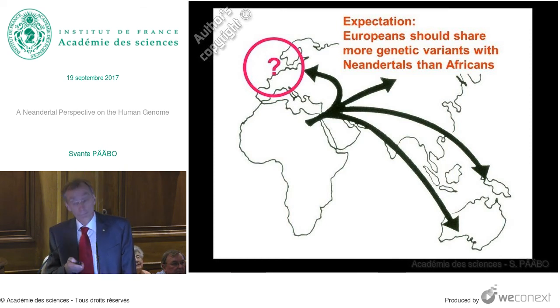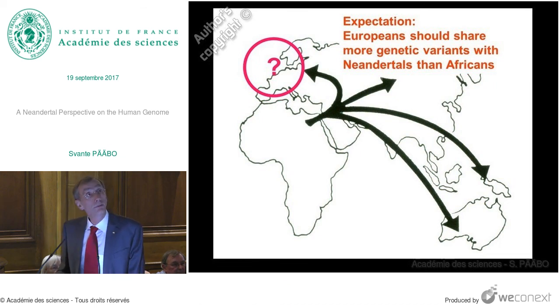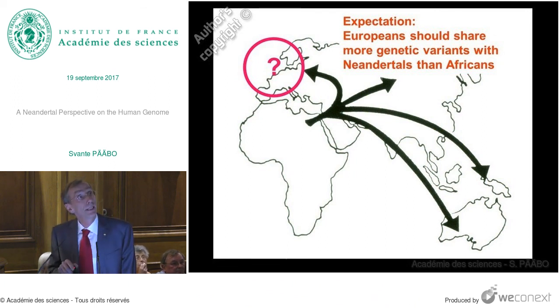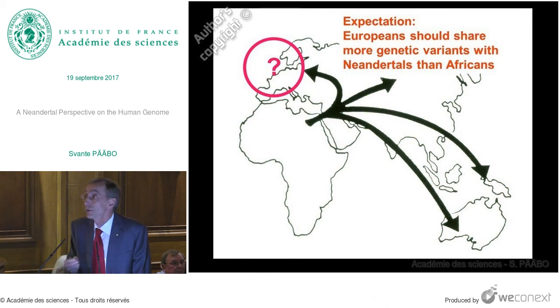If modern humans mixed when they met Neanderthals, say in Europe, a consequence would obviously be that Europeans today should share more genetic variants, more alleles, with Neanderthals than Africans today would. Because there have never been Neanderthals in Africa, there's no reason to expect any special relationship between Africans and Neanderthals.